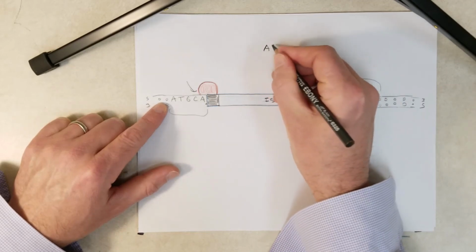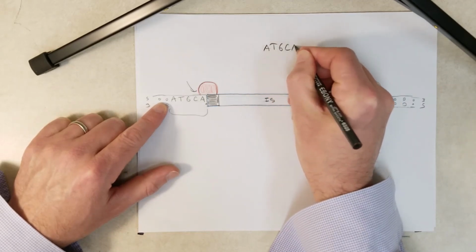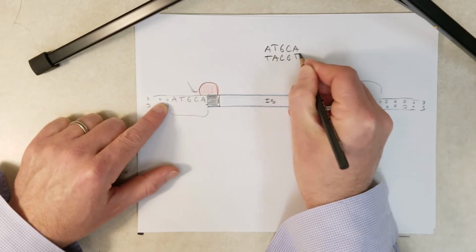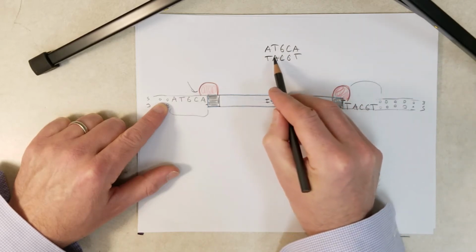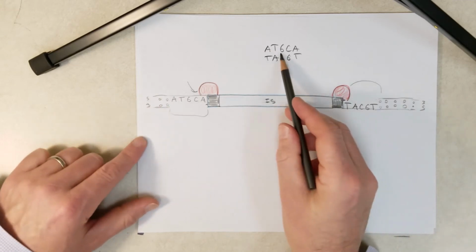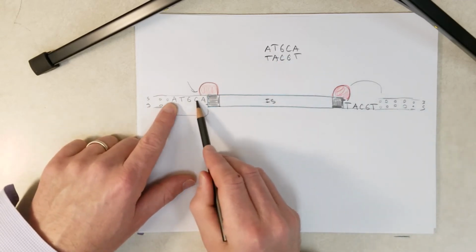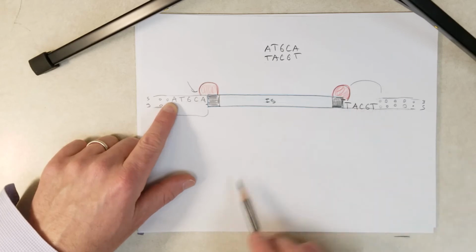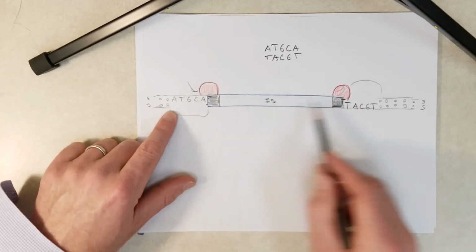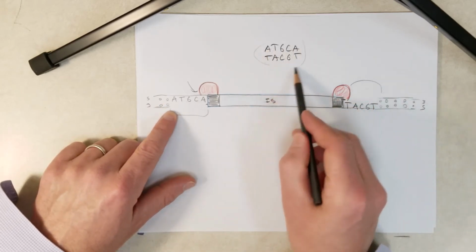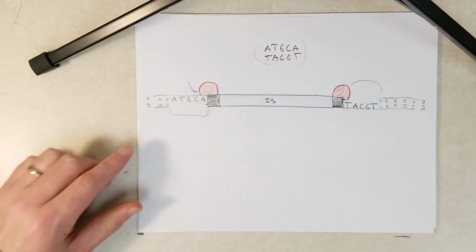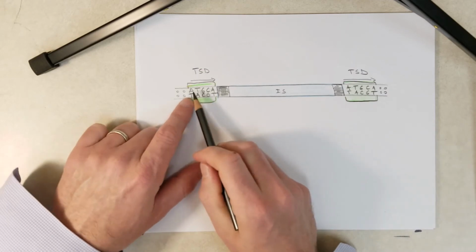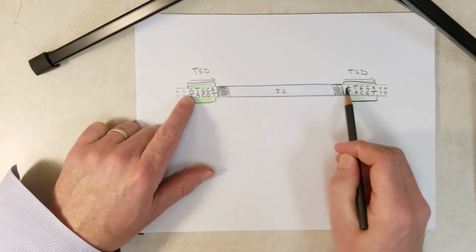The target site was ATGCA, the bottom strand was TACGT. So we can see the ATGCA went left, the TACGT went right. So now once we fill those gaps in, we're essentially duplicating this sequence. We can see that the target site has been duplicated. And so here we go, ATGCA, ATGCA.